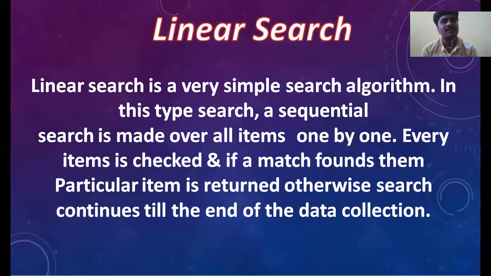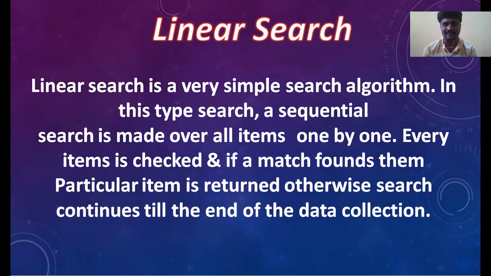What is meant by linear search? Linear search is a very simple search algorithm. In this type of search, a sequential search is made over all items one by one. So every item is checked, and if a match is found for the particular item, it is returned. Otherwise, the search continues till the end of the data collection.